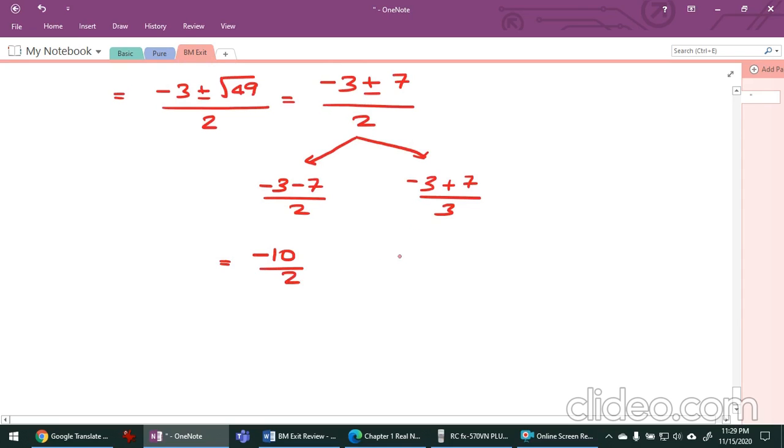Minus 3 plus 7 is plus 4 by 2. Minus 10 by 2 is minus 5. 2 and 10 cancel, you will get 5. Then 4 by 2, answer is 2. So the answers are minus 5 and 2.